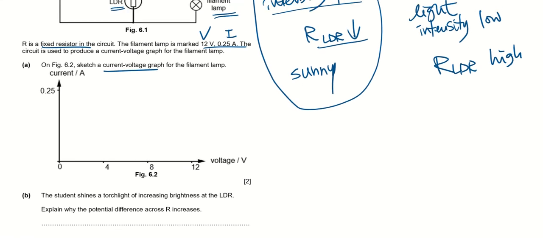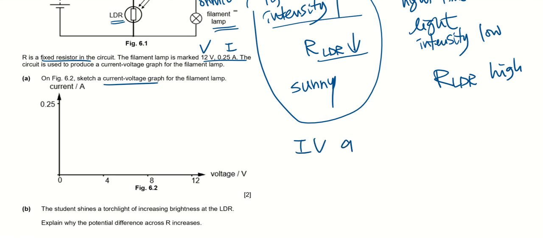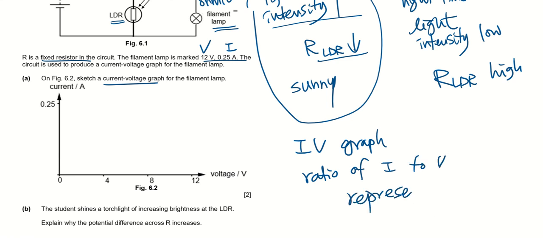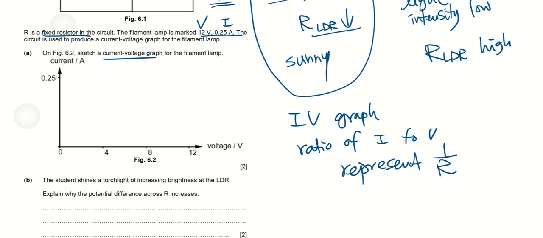Okay, IV graph. So for the IV graph, the ratio of I to V represents 1 over the resistance of the lamp. I think you have learned this, right?